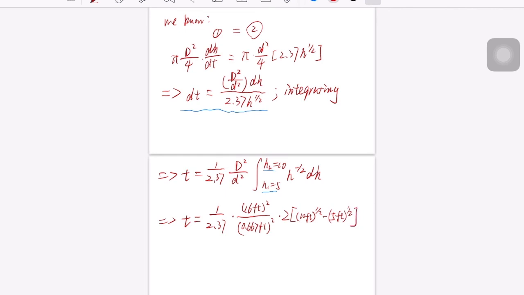So we can get that t equals 450 seconds. So we have done.